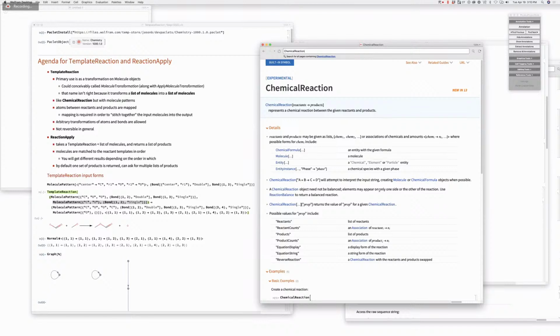Now, you could imagine, if there were spectators in a chemical reaction, I could imagine applying a chemical reaction to some collection of molecules that includes some random spectator molecules. You've got, I don't know what, hydrochloric acid and sodium. I don't know anything about chemistry.